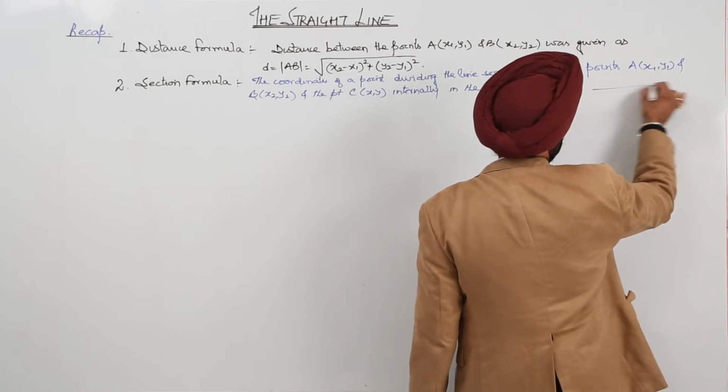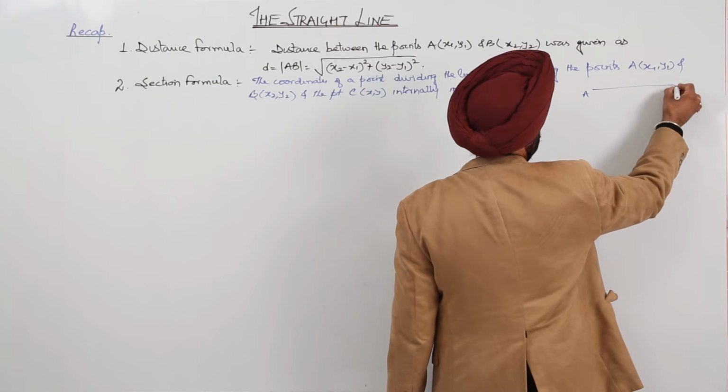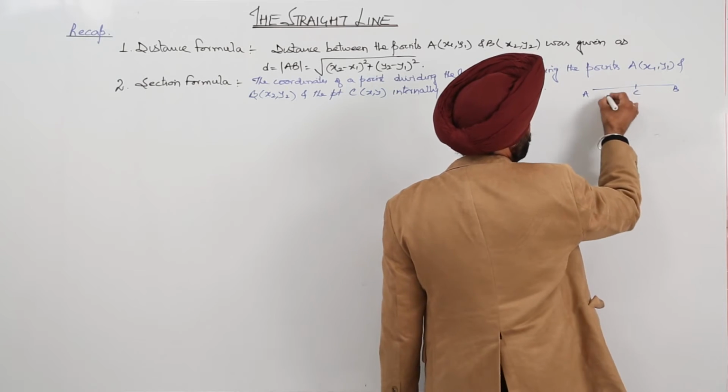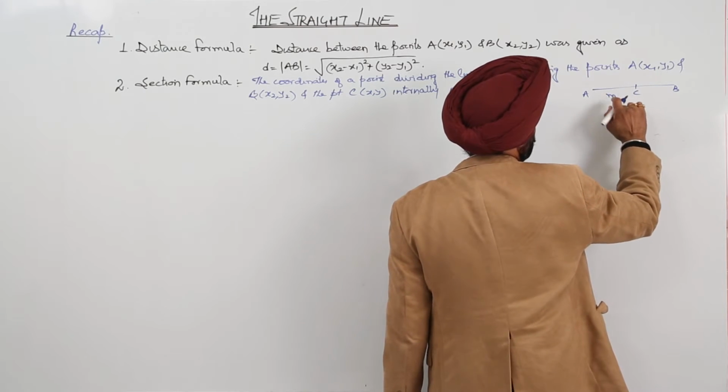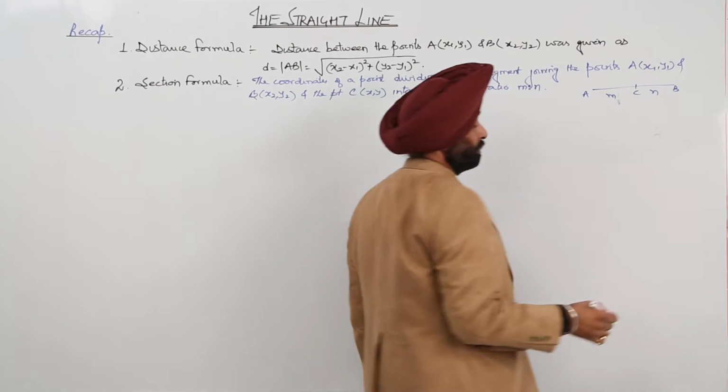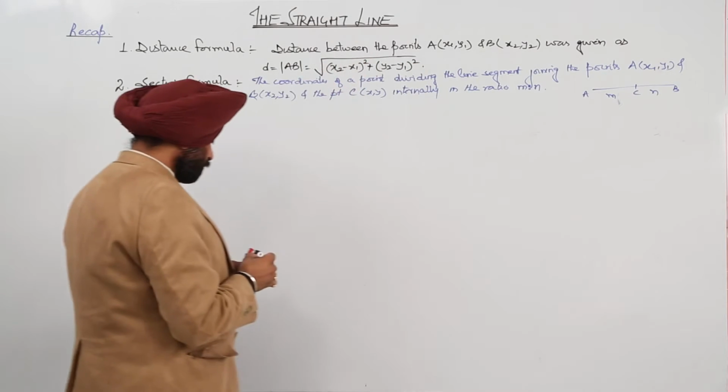Now what was it? Suppose this is line AB, and suppose this is point C, and this point divides internally in the ratio m to n. Okay, so how to find it?